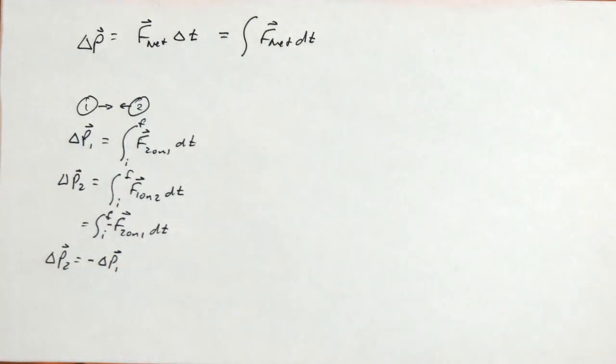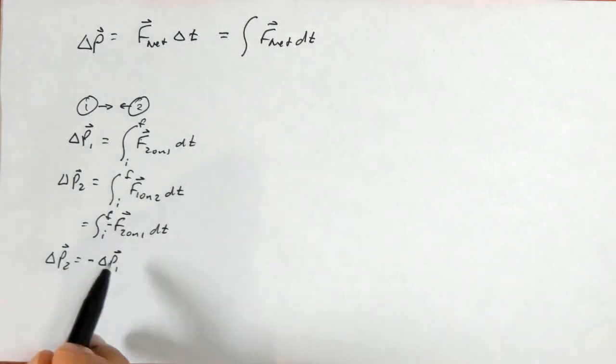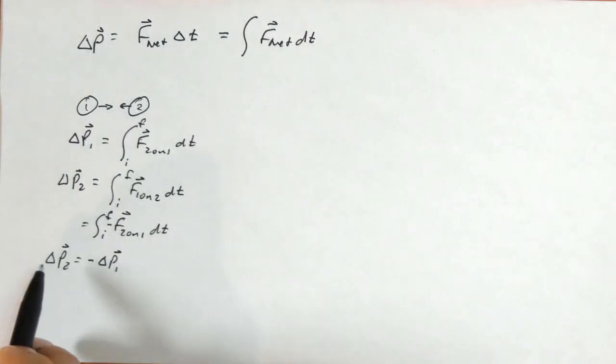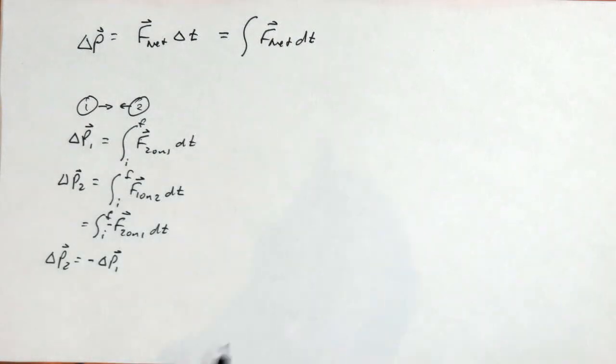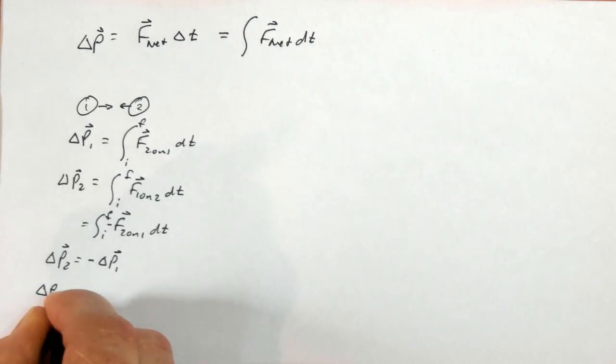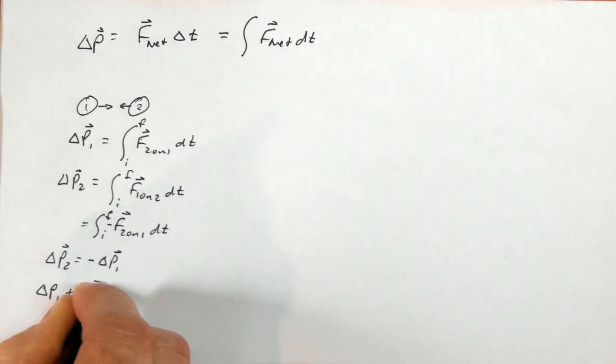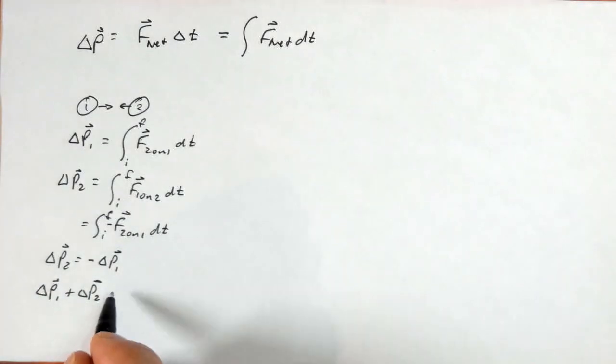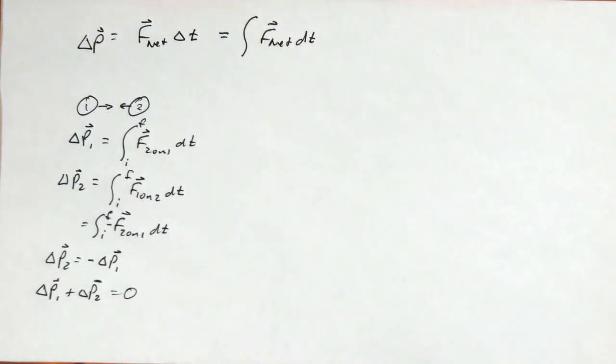And this looks an awful lot like conservation of energy, where a change in one thing gets transferred into a change in another thing. But in this case, they're the same type of thing, momentum, as opposed to potential energy versus kinetic energy. But what if I take this over to the other side? I have delta P1 plus delta P2, so add delta P1 to the other side, and that gives 0.